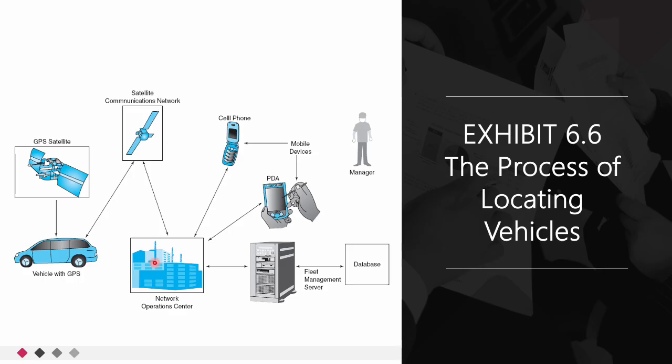And then using your smartphone, or maybe tablets, or PDA in the old times, you can check the locations of any vehicles in real time. It's like having a bird's eye view of the entire fleet.